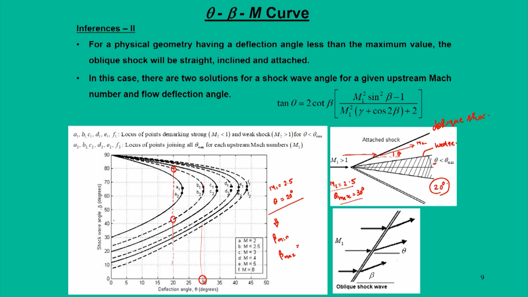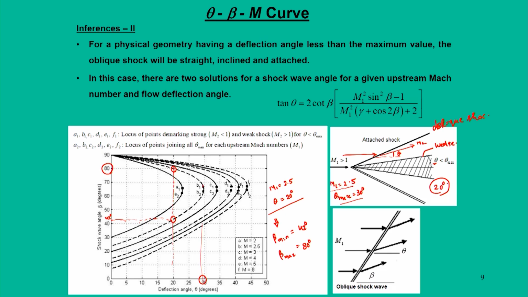This minimum value will be approximately 42 degree, and this number will be approximately 80 degree. So, minimum value will be 42 degree and the maximum value will be 80 degree.